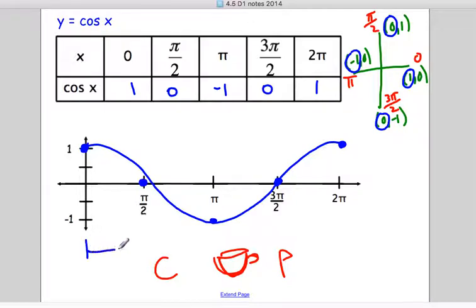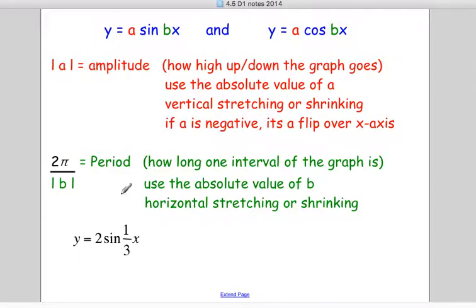Cosine starts here, and one period spans that distance, which is 2 pi. So that's a typical period, but if you have a value of b right here in front of the x, that's going to change the period. So you're going to do 2 pi divided by b, and that is going to be your new period. It's going to be how long one interval of the graph is. This is horizontal stretching and shrinking.